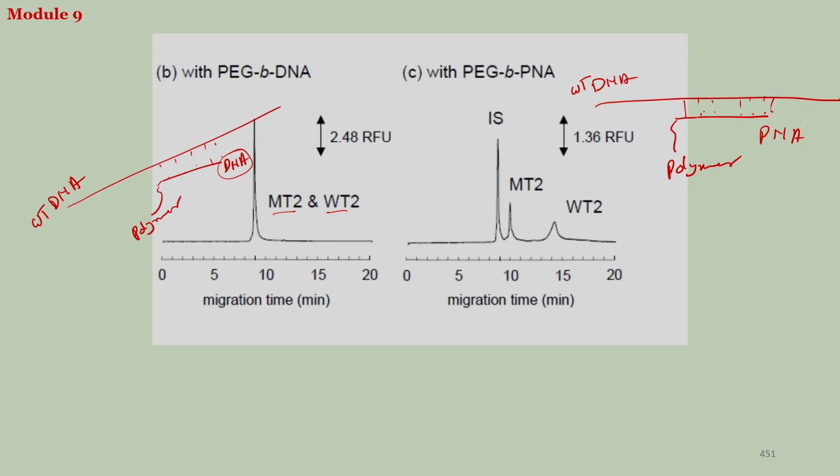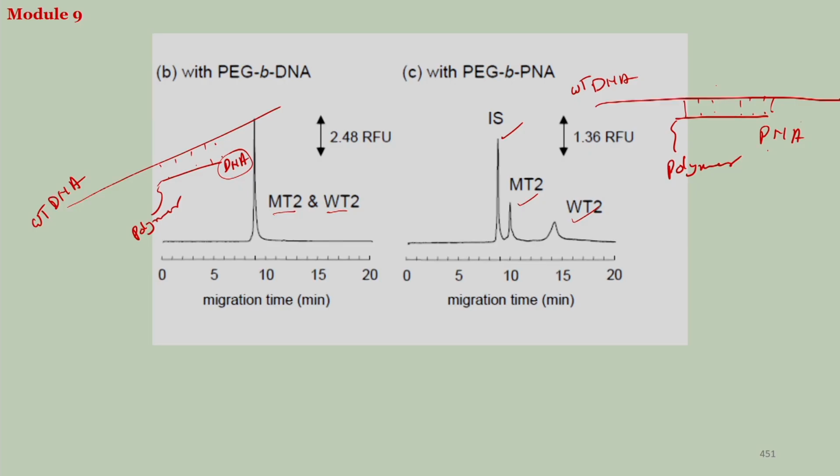PNA on the other hand is able to detect all three of them: scramble sequence, mutated sequence, wild type sequence. Very nice separation. This is a beautiful, very clean separation that you can see. Because the binding affinity of the PNA with the target DNA is high and with the mutant is very low, that is the distinction.